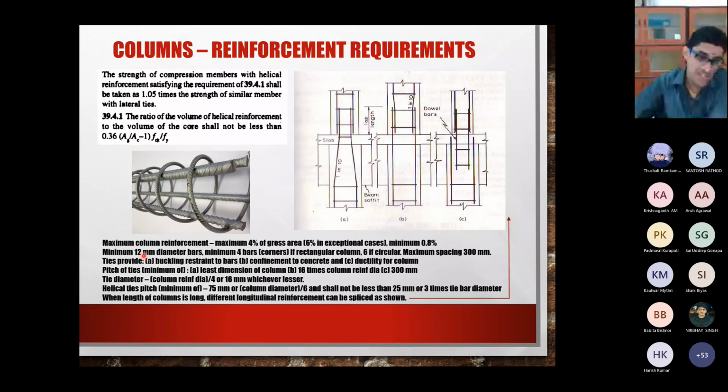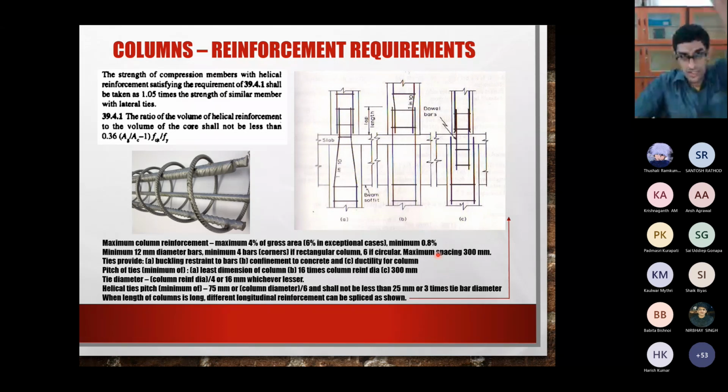As far as possible, provide at least 12 mm bars as the longitudinal reinforcement. Don't give 10 or 8 mm. And as I already told you, if it's a rectangular column, you need to give at least 4 bars in the corners, and if it's a circular column, you should give at least 6. The spacing between the reinforcement should not be more than 300 mm.